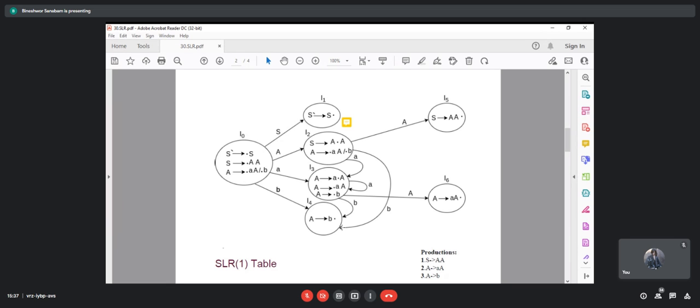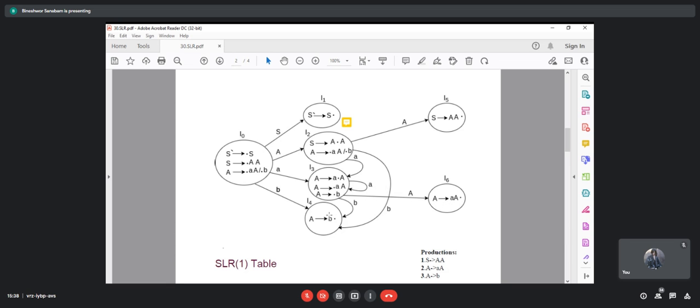Okay. So with this, if we consider go to with capital letter A, then it becomes capital A dot.